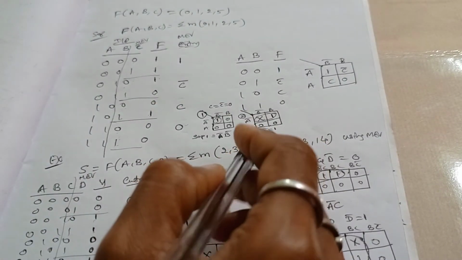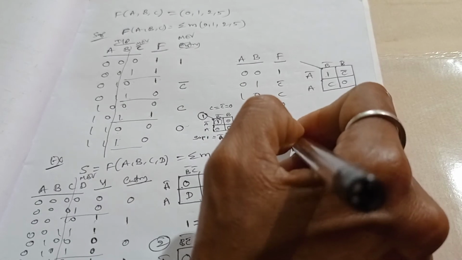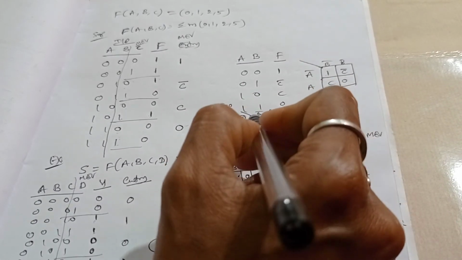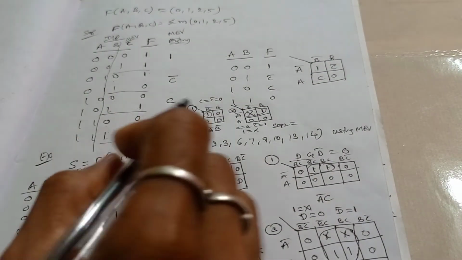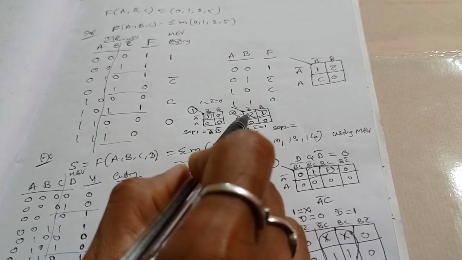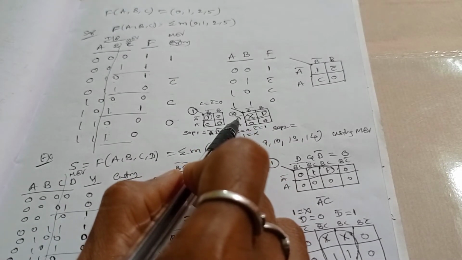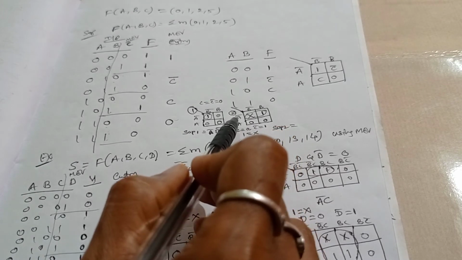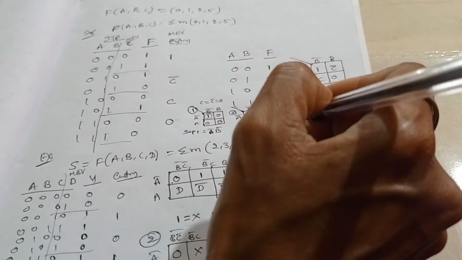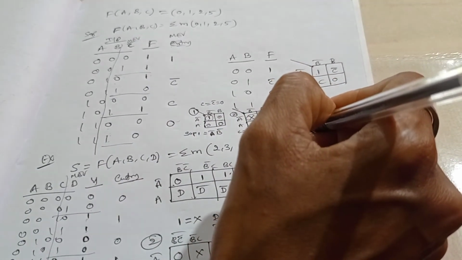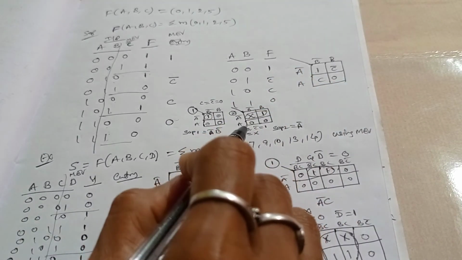Now here we'll write the SOP2 as, okay, for this, when you do this pairing, now what will be the expression is, here B is changing, only A bar is constant. But this we have written in occurrence of C.